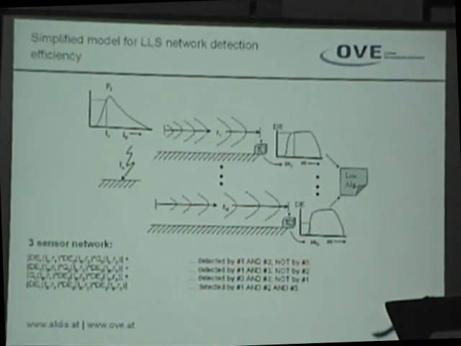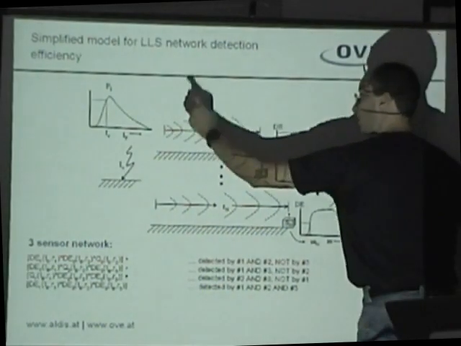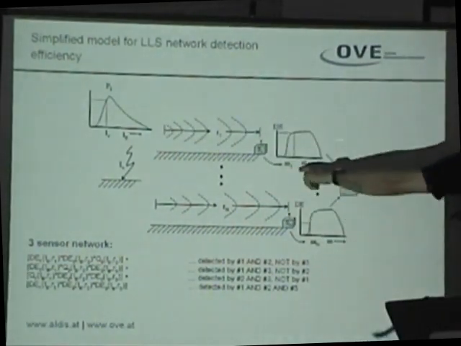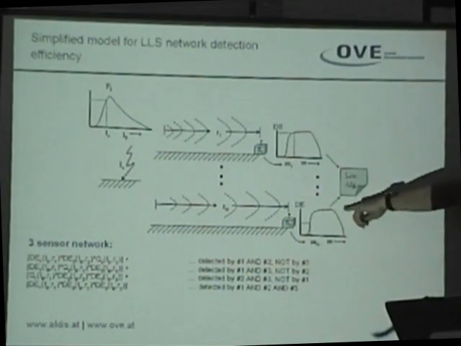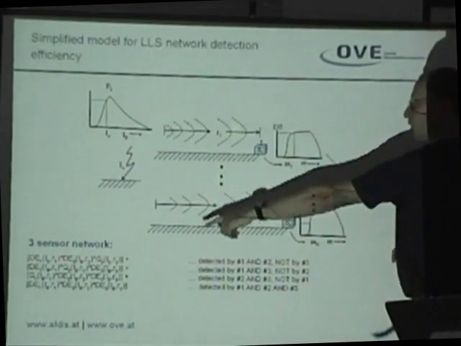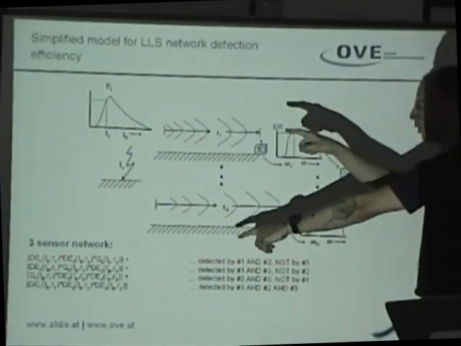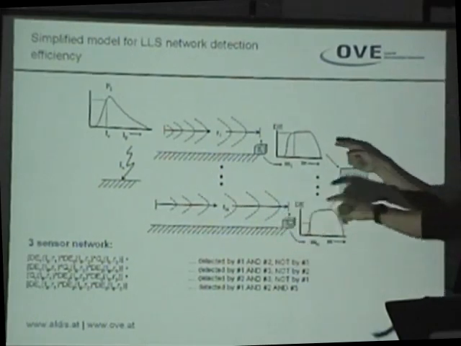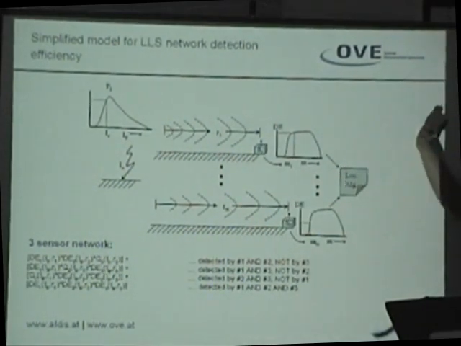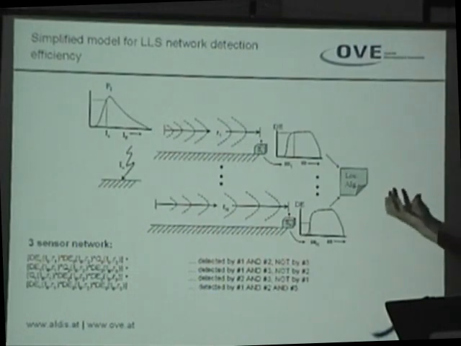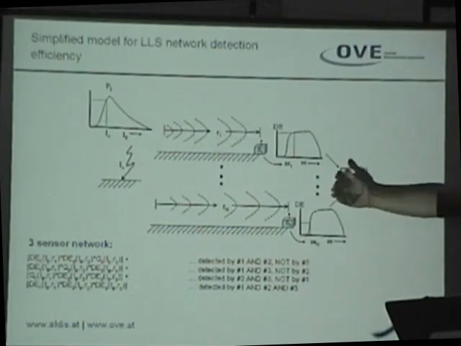That means if you have a network, you take one region, calculate all the distances, take one peak current, then determine all the individual sensor probabilities, determine the network probability for this one peak current, and do this for all the peak current distribution. Then you have the detection efficiency at this point for all the possible peak currents with the network.